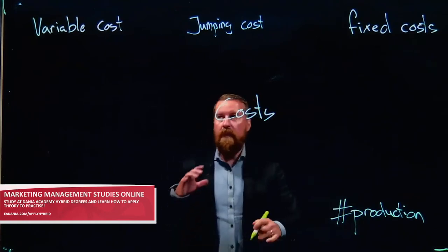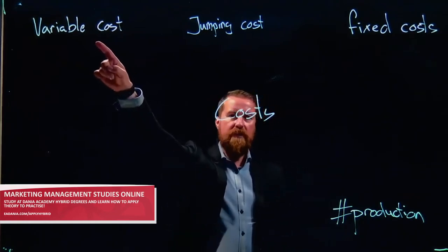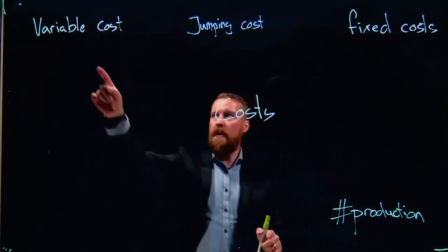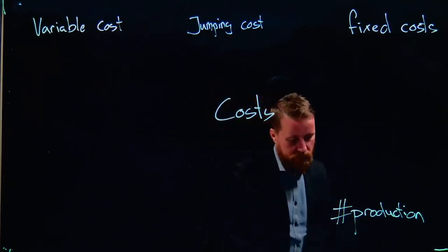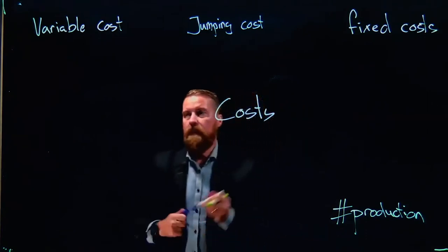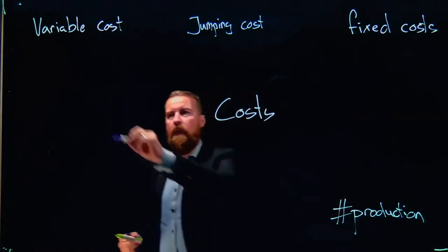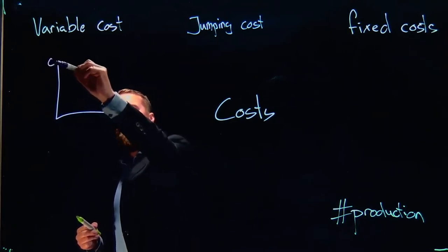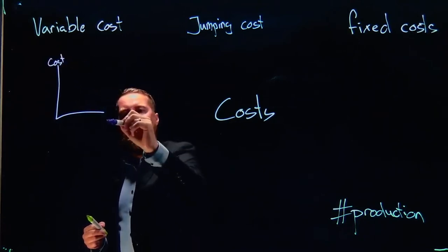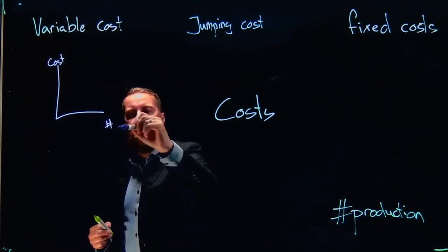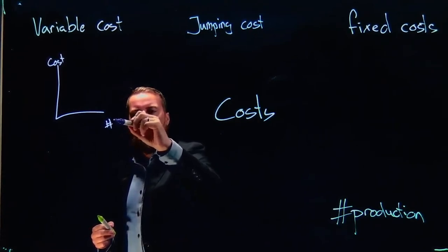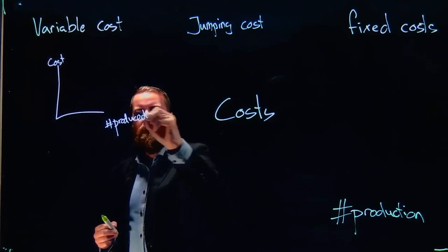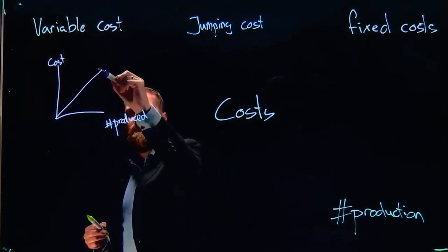So in the variable costs, which we have up here, we're looking at costs which go up along with production. So it would give you a curve where we have the costs and the number of units produced, and a line which goes like that.